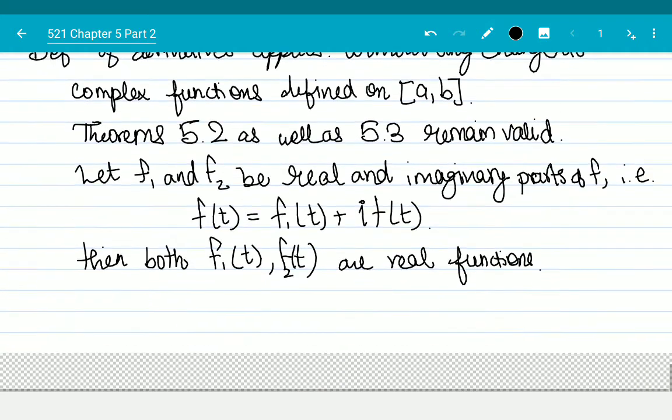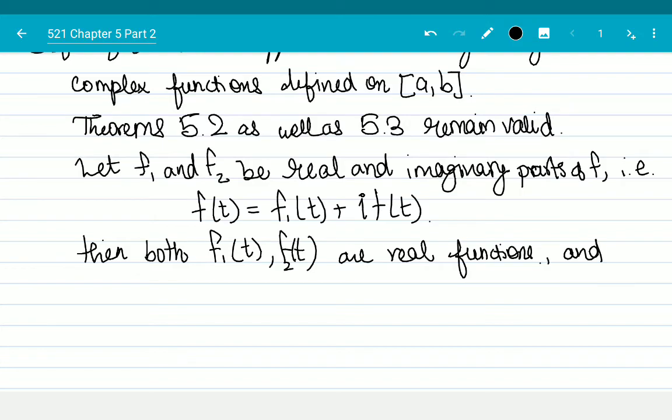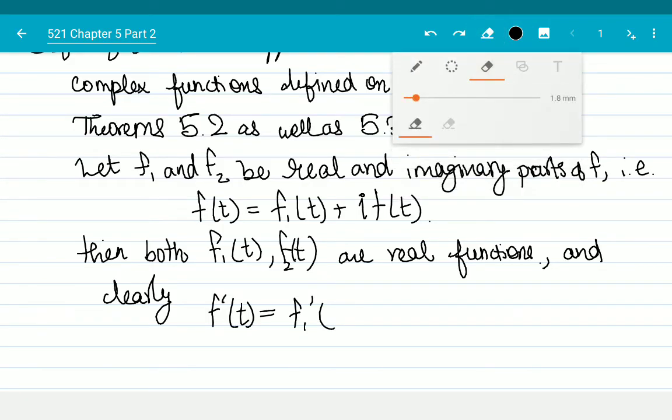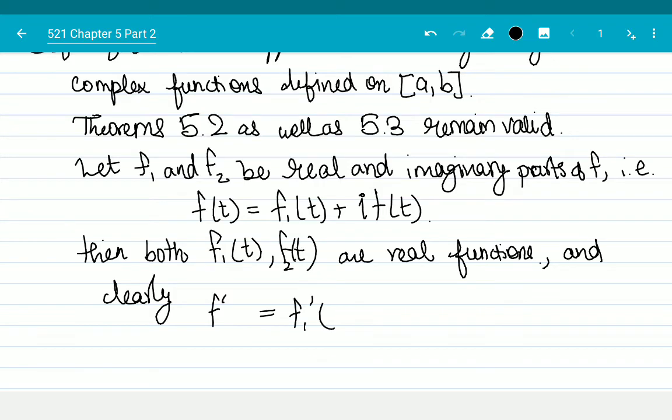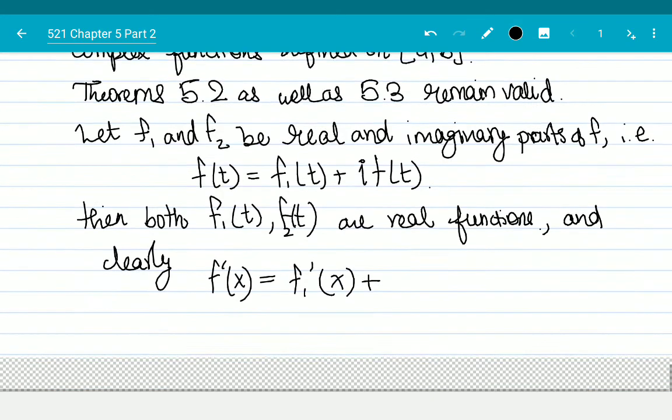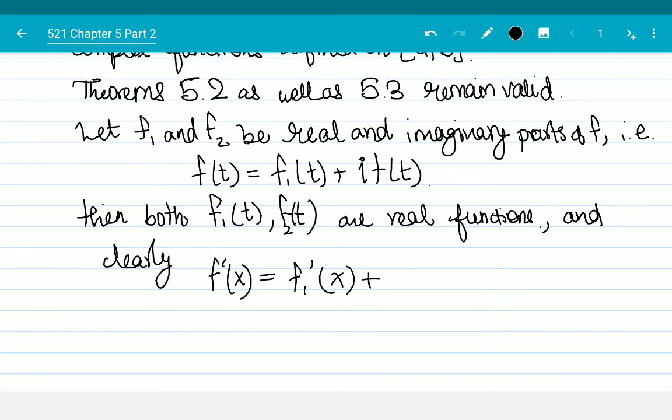And clearly f prime of x is equal to f1 prime of x plus i f2 prime of x. Since I've been following the notation of the book, the derivatives are all at a point x, and t is the variable point which moves closer and closer to x. Okay?